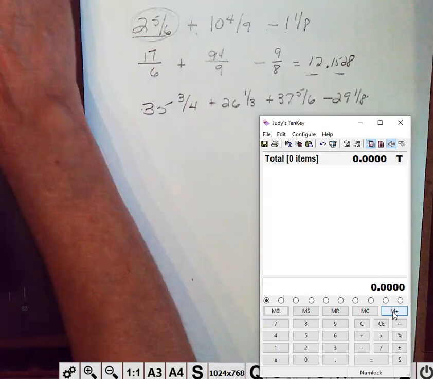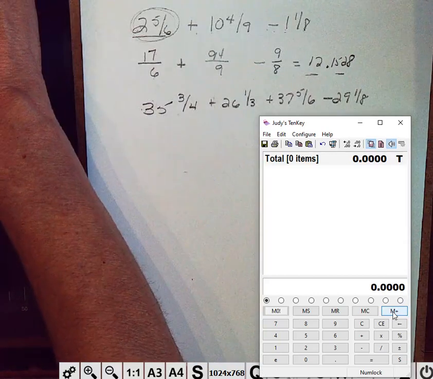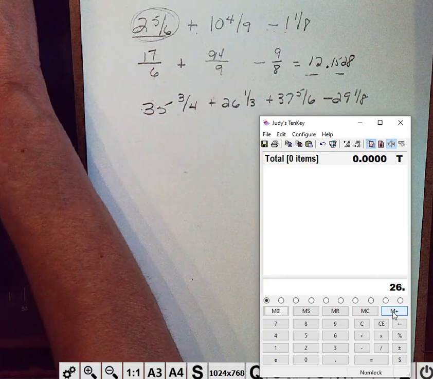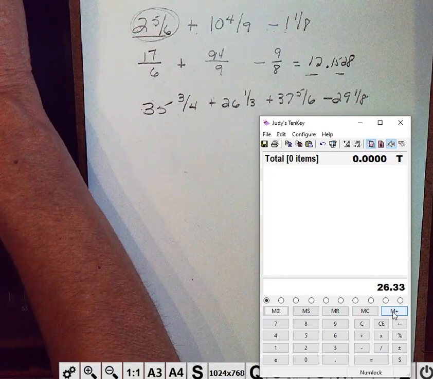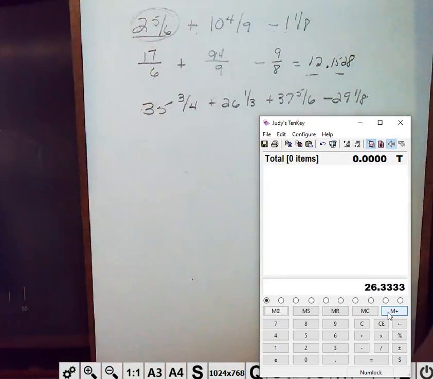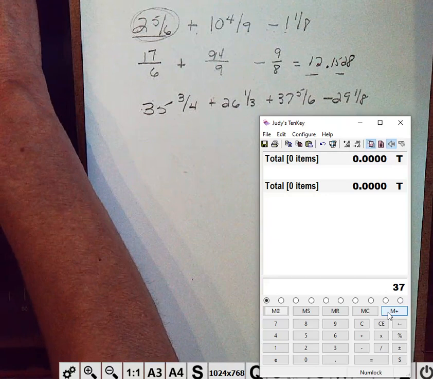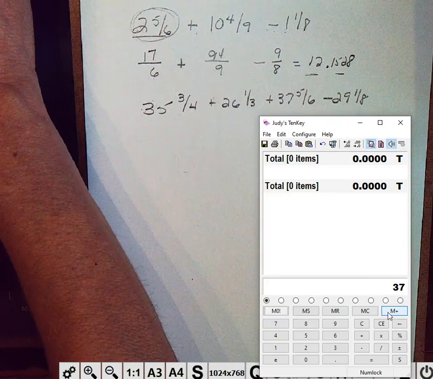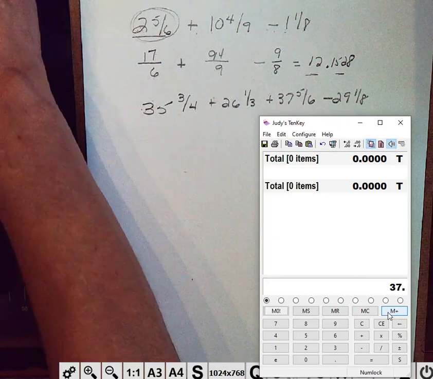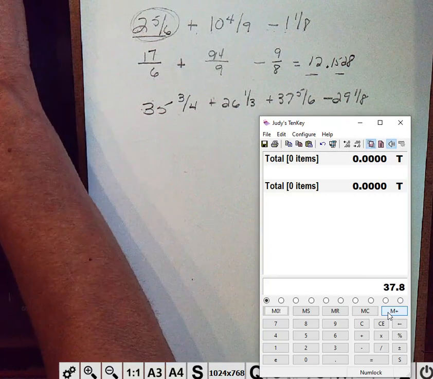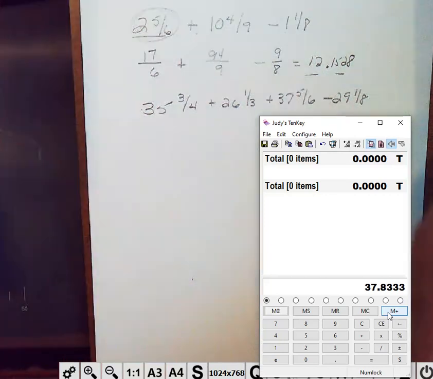And then take 26. 1/3 is 0.3333, four threes. Put that into memory. And 37, and I know that 5/6 is 0.8333, three threes. And put that into memory.